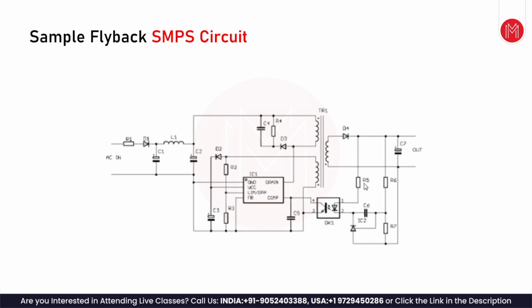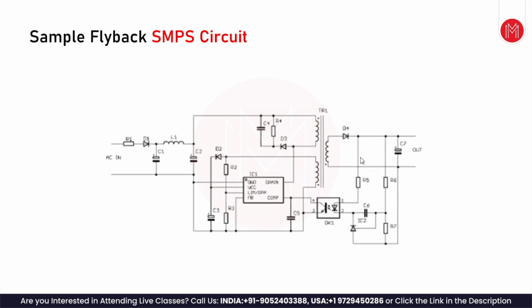If the voltage here is going high from the regular voltage, let's say this is designed for 9 volts, and if it's not staying at 9 volts and for some reason it's going up high, then the current that goes through this one increases.